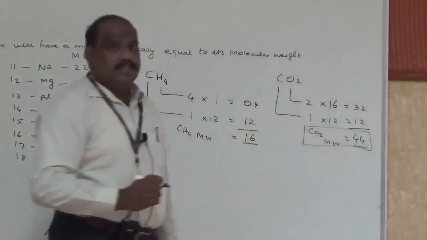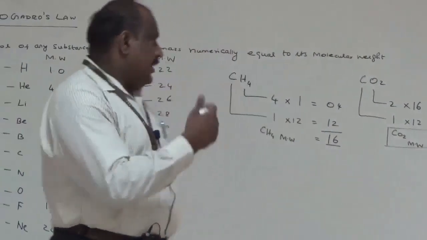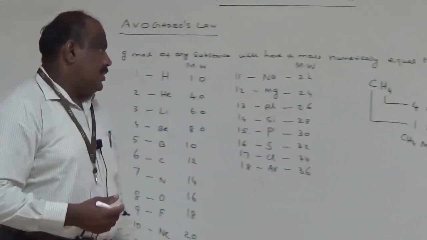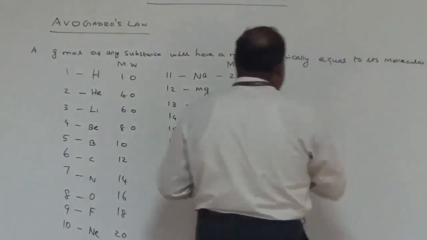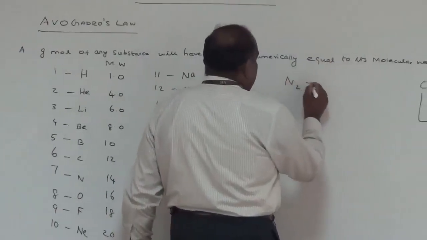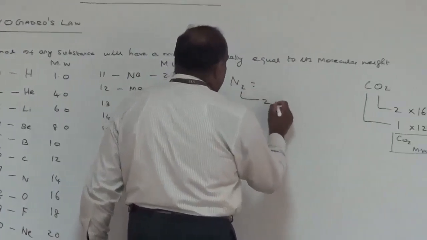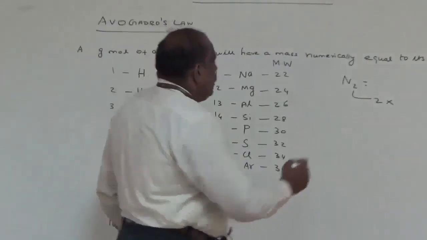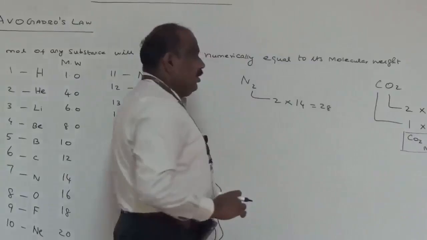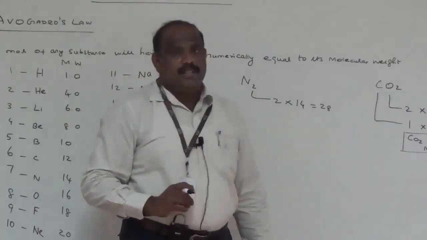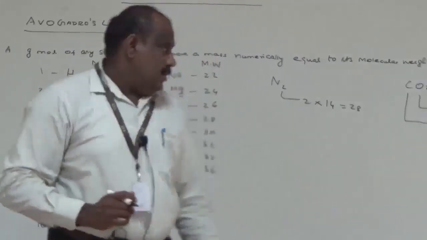Similarly, we can derive it for any gaseous constants. Okay, fine. For nitrogen, it is 2 into 14. So the molecular weight of the nitrogen molecule is 28, because nitrogen is a diatomic molecule.